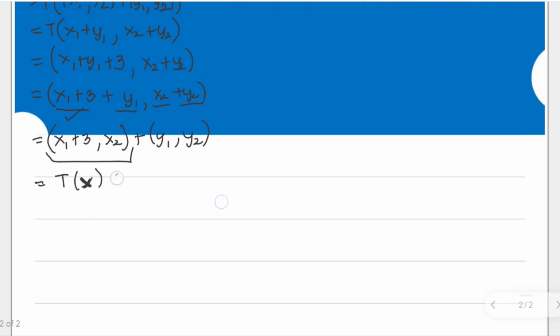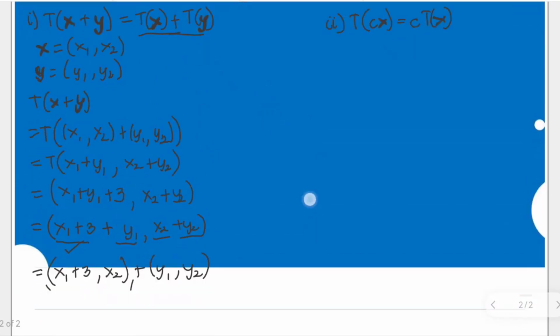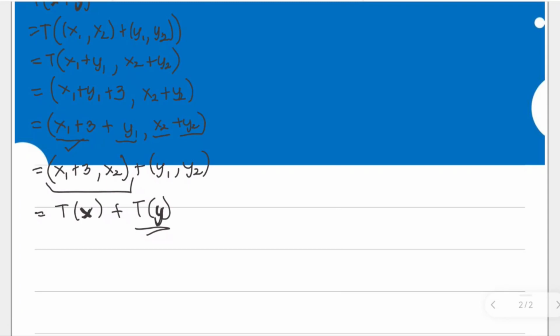However, we cannot say that the second is also a transformation of our y vector, because the transformation of y, by this definition, should have a plus 3 here. This would mean we can just simply write this like this: transformation of x plus a certain vector y sub 1, y sub 2, which again cannot be expressed as a transformation of your y vector.